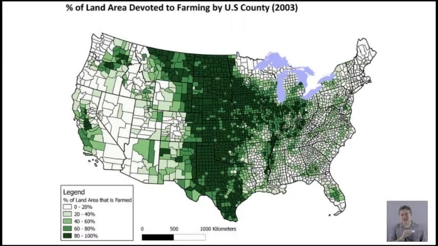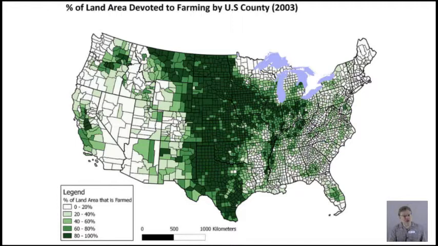So in order for us to accurately describe what areas of the country have the greatest degree of agriculture, we have to find a way to level the playing field, so to speak. We need to describe the amount of agriculture not in terms of total acres, but in terms of what fraction of the total area in the county is devoted to agriculture.